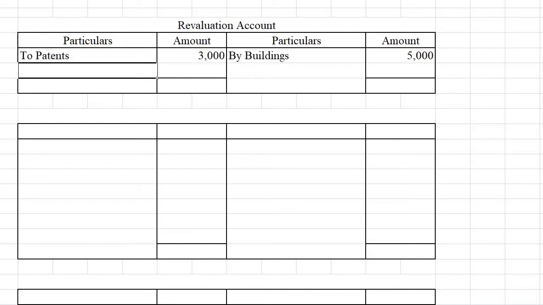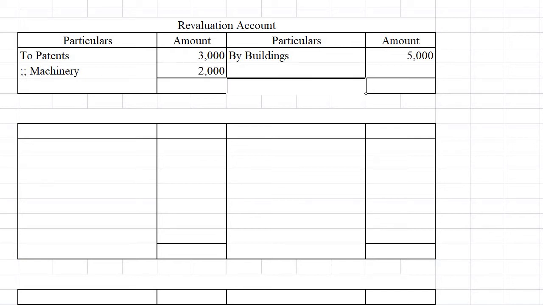Then machinery also is getting reduced by 2,000 rupees. So what is the difference? No difference is there in the account. Both sides are equal, 5,000 each. That means there is no revaluation profit or loss.